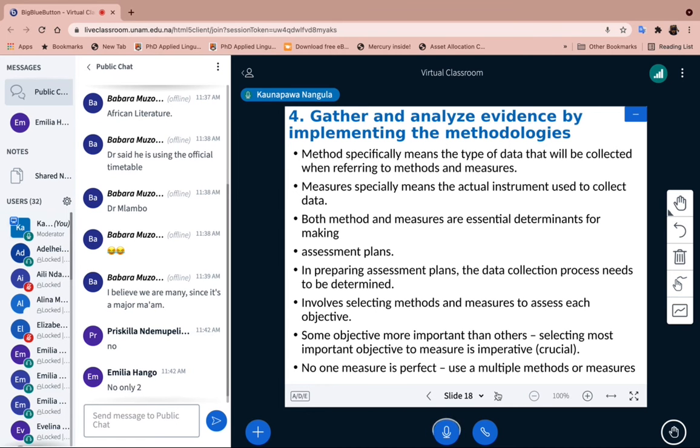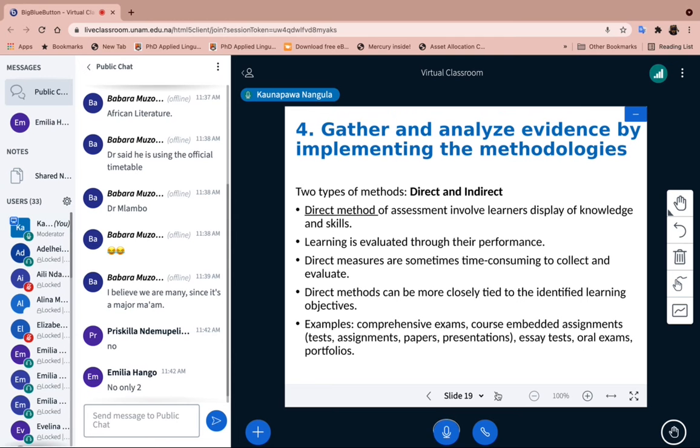So the best thing that you can do is use multiple methods and measures to have a better picture of what the learners can do. The data that you collect is information on how the learners are learning and how best the learners are learning. All right, and then we are moving on.